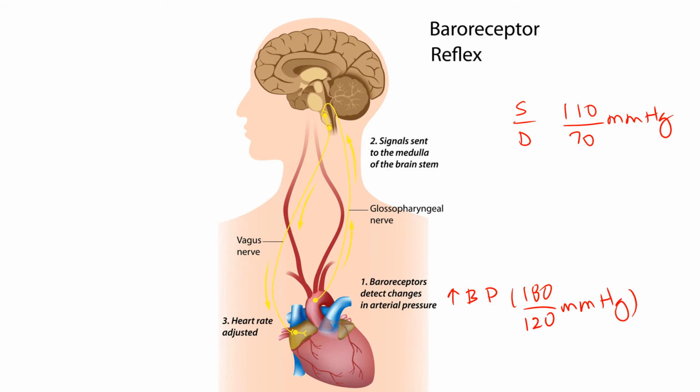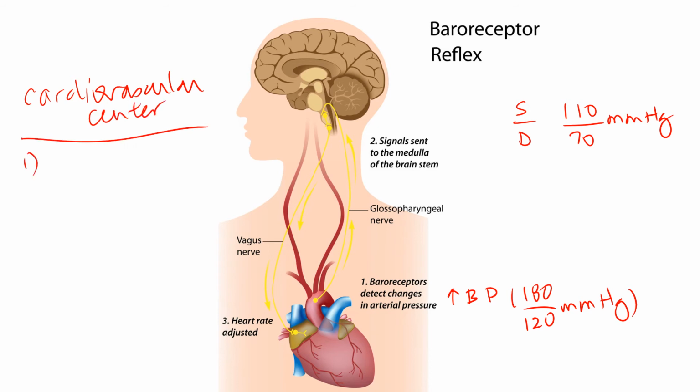The cardiovascular center has two parts. So the way to decrease this blood pressure is twofold. One is to increase parasympathetic stimulation to your heart. Did you catch that? There is parasympathetic innervation to your heart. There is none, however, to your blood vessels.